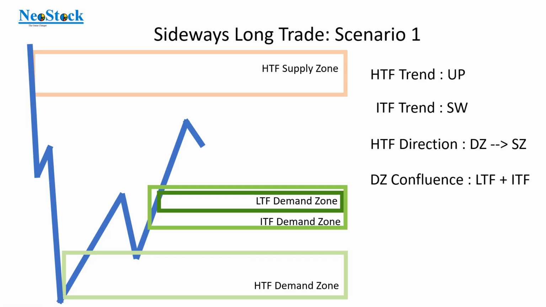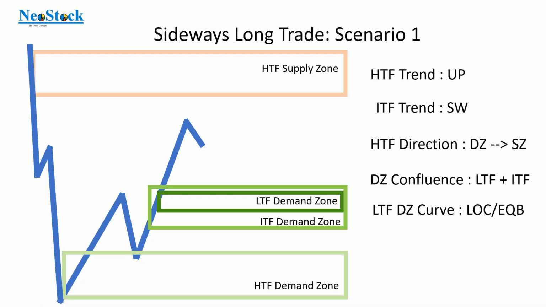Okay, what else? Curve. Curve also plays the major role. So in this scenario, which scenario? When HTF trend is uptrend and HTF direction is from demand zone to supply zone, remaining to our mandatory rules. In this scenario, the LTF demand zone curve can be either low on the curve or it can be equilibrium, but should not be high on the curve.